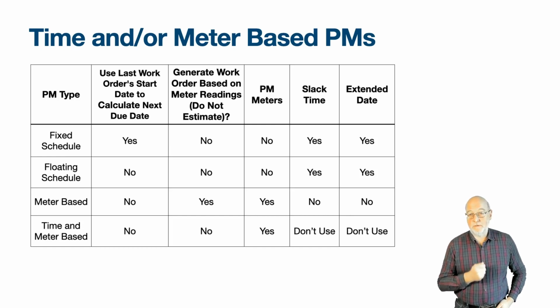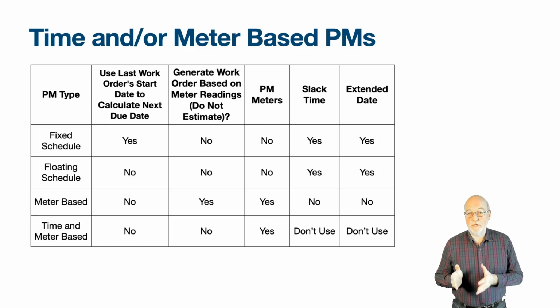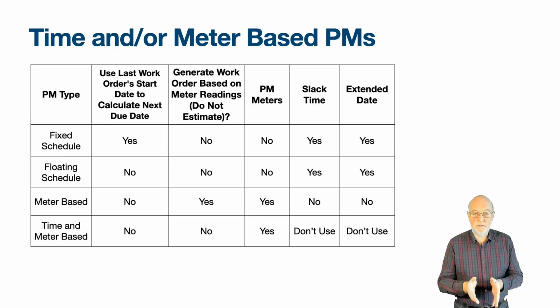It has no effect with meter-based PMs, and it may be best left as 0 for mixed time and meter-based PMs. Therefore, I would consider grouping PMs from a work generation basis into 3, combining fixed schedule PMs and floating schedule PMs, and keeping the other two methods separated.